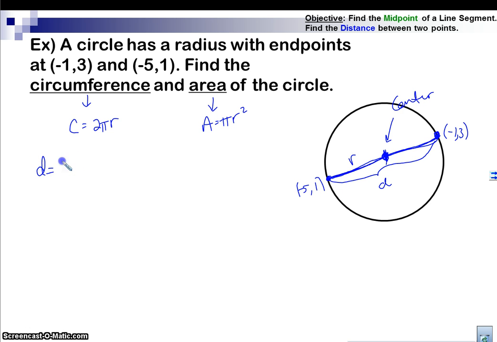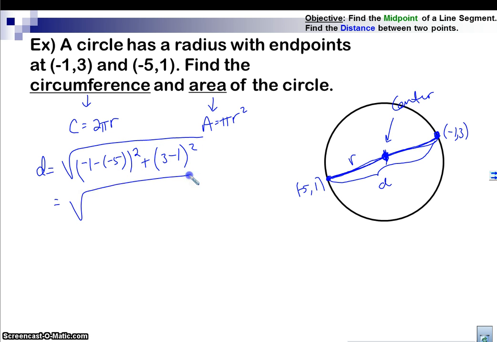So let's go and find the distance, which is negative 1 minus negative 5 squared plus 3 minus 1 squared. So we're going to get negative 1 plus 5, which is 4 squared, plus 2 squared, which is 16 plus 4, which is square root of 20.